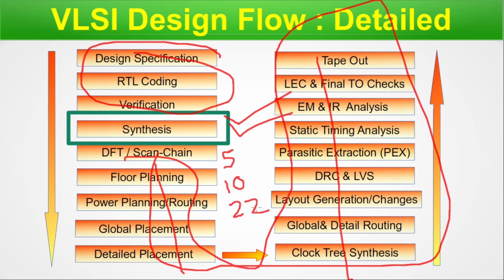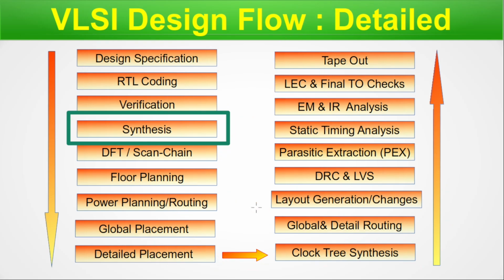Whatever technology node you are using, you will get attached to it, and the constraints and design rules will come into the picture. It is not a free road where you are driving; it is a congested road where you have to drive carefully. So synthesis is the step from where you have to be very careful about the technology related data.